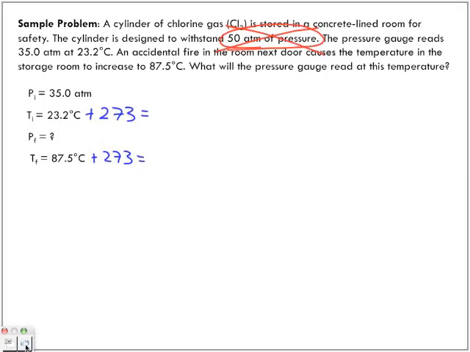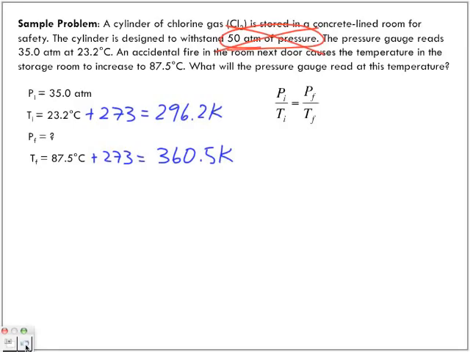So our initial temperature is 296.2 Kelvin, and our 87.5 degrees Celsius is 360.5 Kelvin. So we have our equation: our initial pressure divided by our initial temperature is equal to our final pressure over our final temperature. So all we're going to do is substitute.